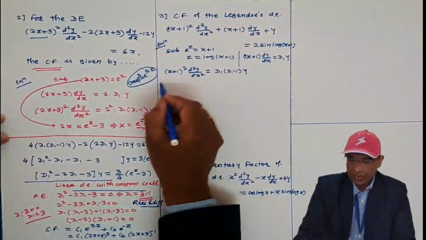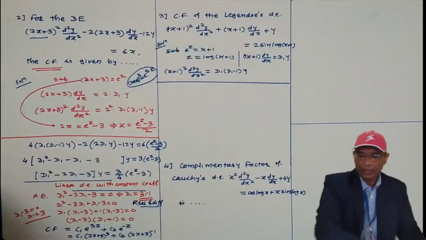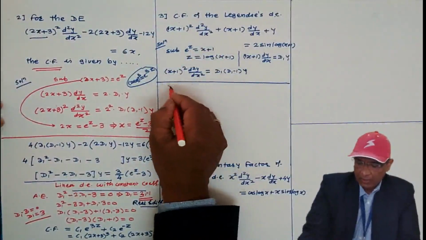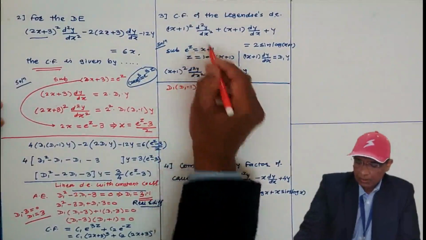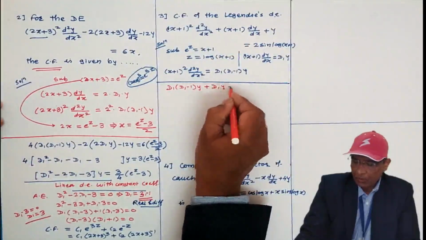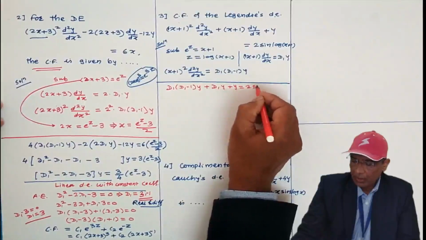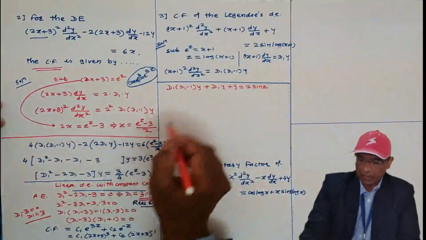And d1 is derivative with respect to z. Now, the complementary factor we are going to do. This equation can be written as d1 minus 1 y, this term can be written as d1y, y is as it is, 2 sine, and log x plus 1 is z. This 2 sine z is there.